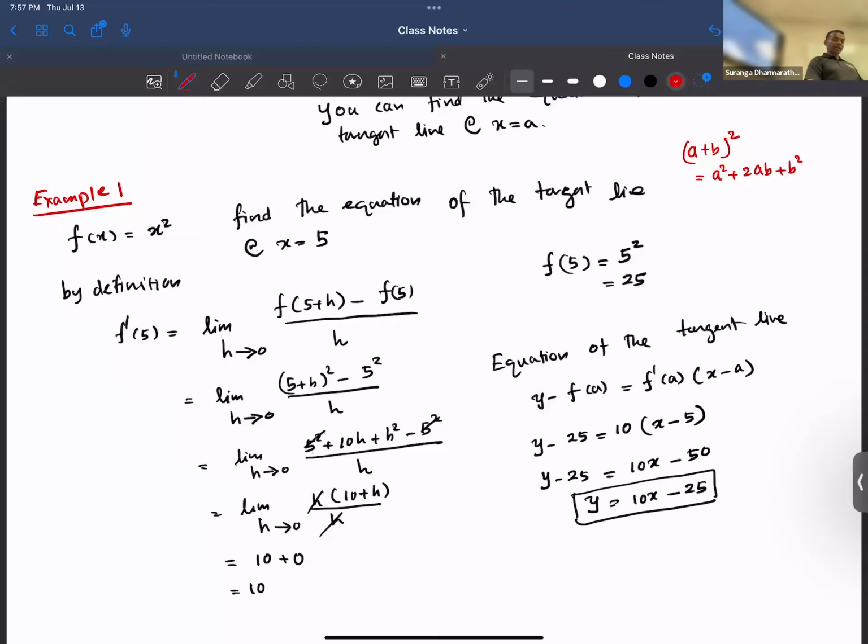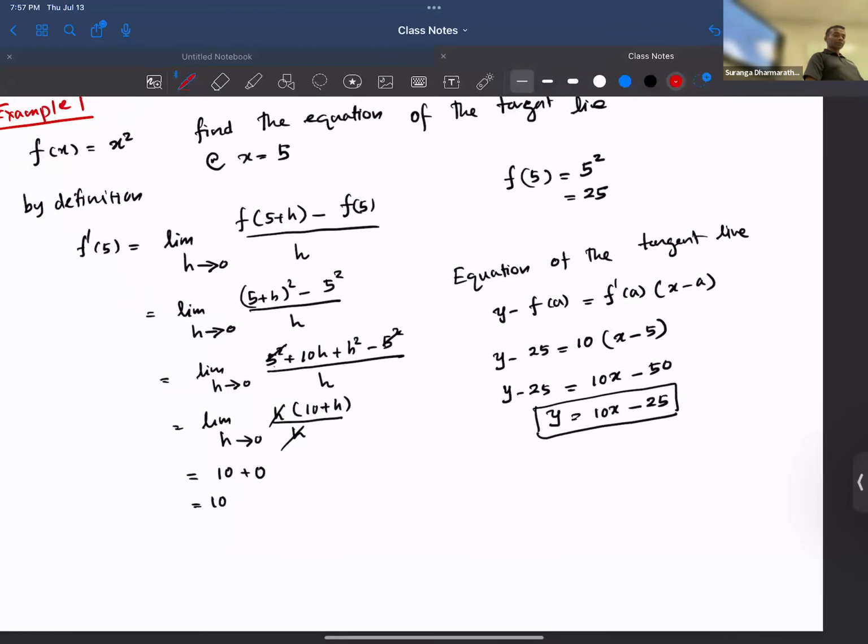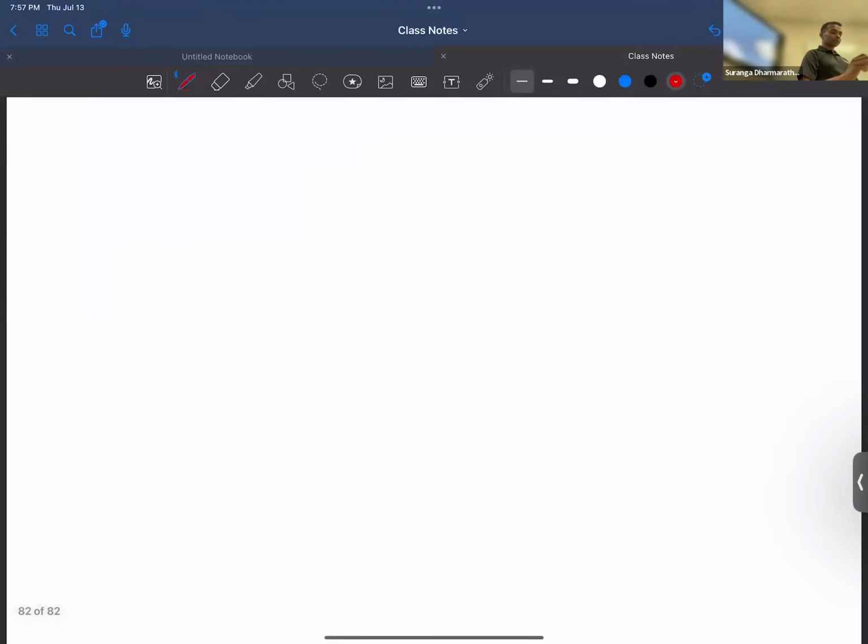Okay, so this is example 29 from your textbook. Now you are given an equation.